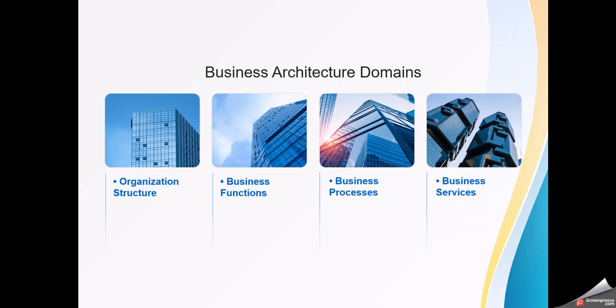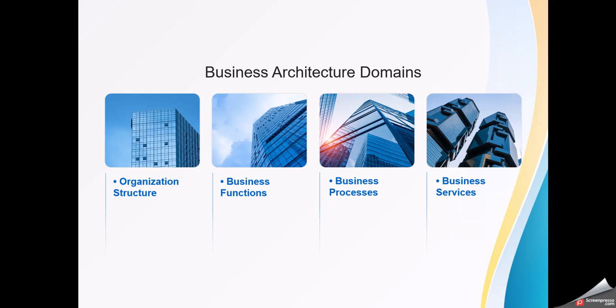Business architecture domains. So what are business architecture domains is like your organization structure and what is the function of a business and business processes, business services. So all these things, as an enterprise architect, you have to understand to achieve that business requirement.